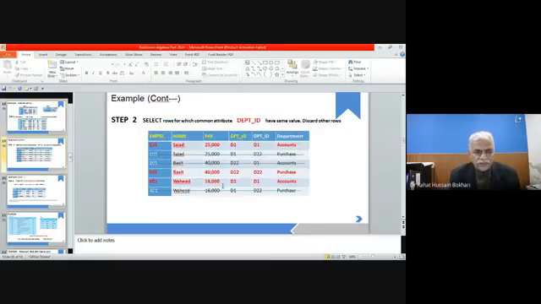For step 2, we have to filter the records, and we keep only those records in which the value of the common attribute is the same, they are matching, and we have to discard other rows. So in the first row, we have 101 Sajid pay 25,000, and the department and the employee have the same D1 and D1, so we have kept it.